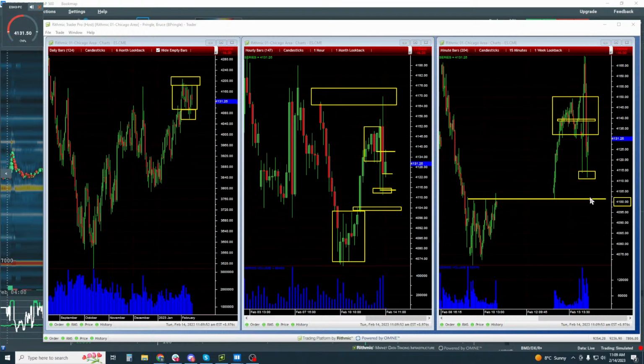Do you not want to take some off here and just move your stop to break even at that point? Great. Do you want to take some off here? I would on my swing trade, I'll tell you that. But then maybe you want to hold for, maybe it comes back down into here, these lows. Maybe it takes several days, maybe it takes a day, we don't know. But anyway, that's a few ways of looking at it here.